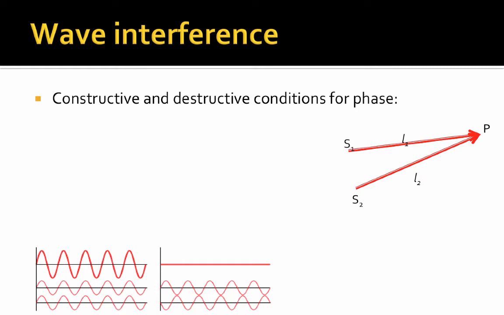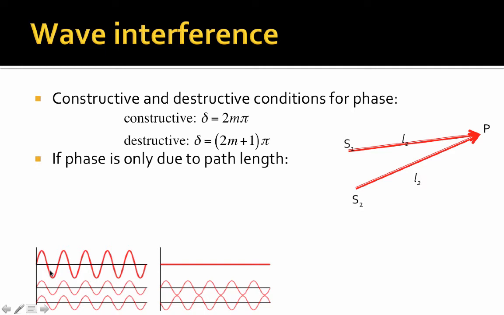So let's come to the general description of constructive and destructive conditions in terms of phase. Looking down here, notice that this picture with the two red lines that add up, the phase here is either 0, in other words, they are not shifted relative to each other, or 2 pi. So any shift of 0 or a full wavelength will end up with the same wave, and those will add to constructive interference.